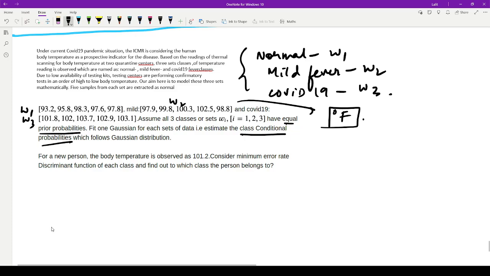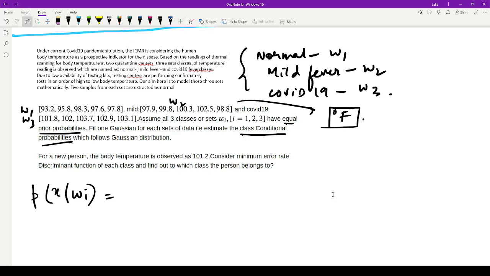What is it that we need to get? What is the class conditional density? How do you denote it? Probability of x given Wi, right? And how do we write it? Probability of omega i given x?